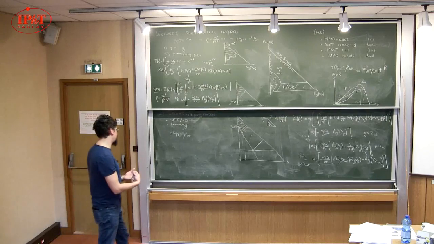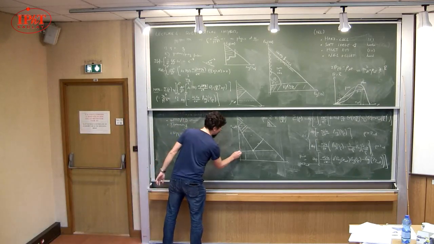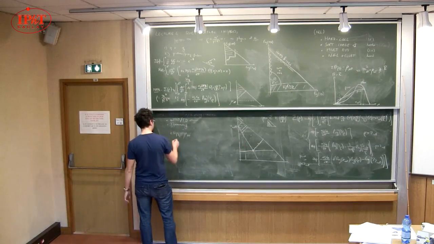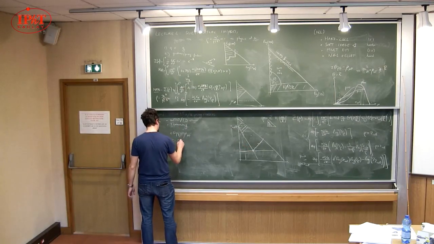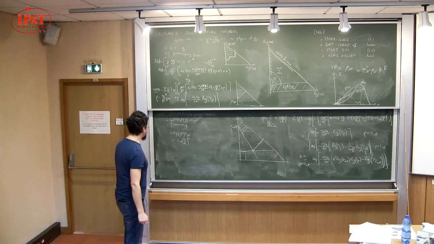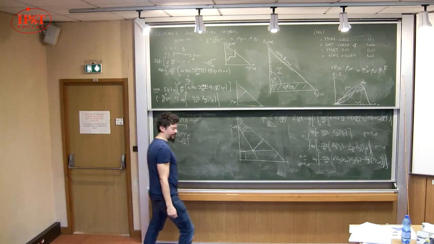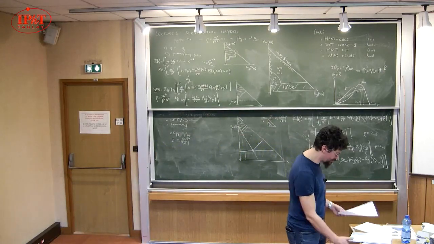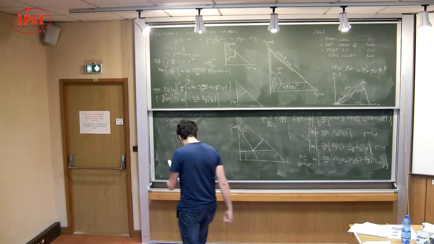So at this point, you're on the soft-drop line, the intersection of this line and that line. And so this tells me that z is equal to z cut times theta over R to the beta. Again, this is fairly simple math. Let me give you the answer. This is a calculation I've probably done at least 50 times by now.